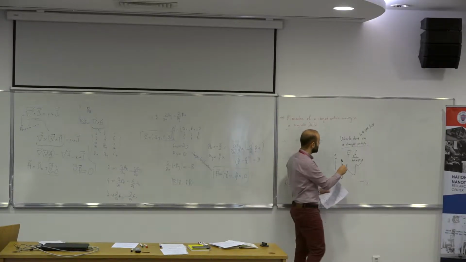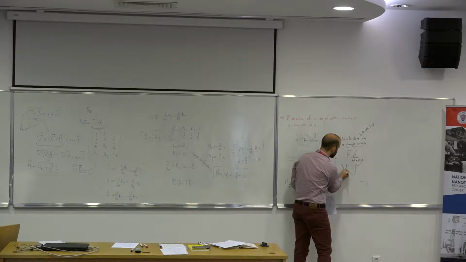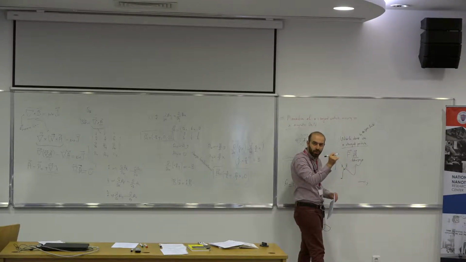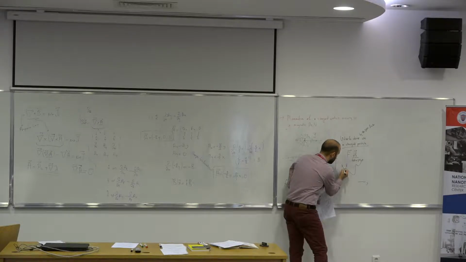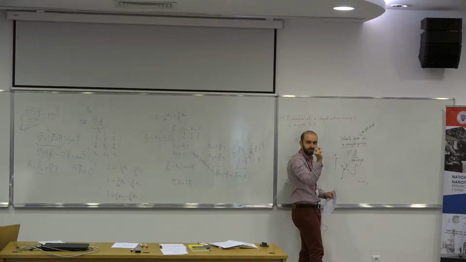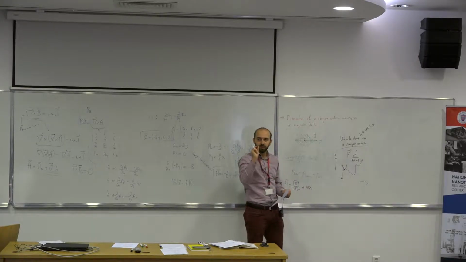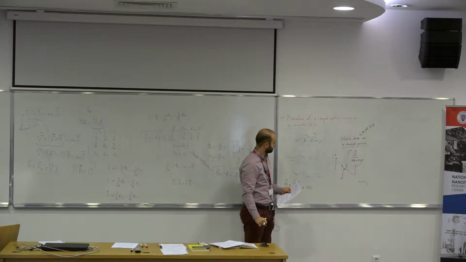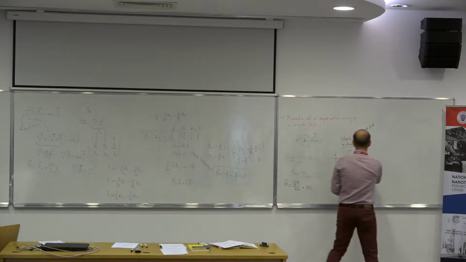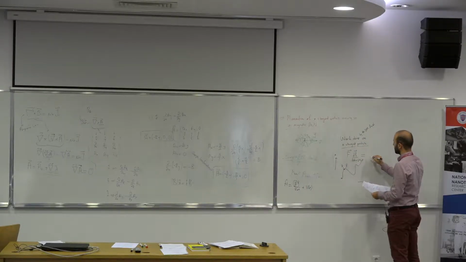So what I'm doing here is I'm trying to figure out the instantaneous work that is required to take my particle from this point to this point that is separated by a very small segment of path.